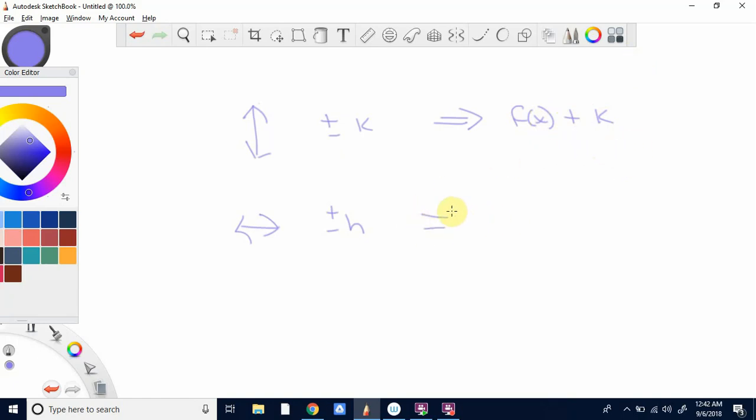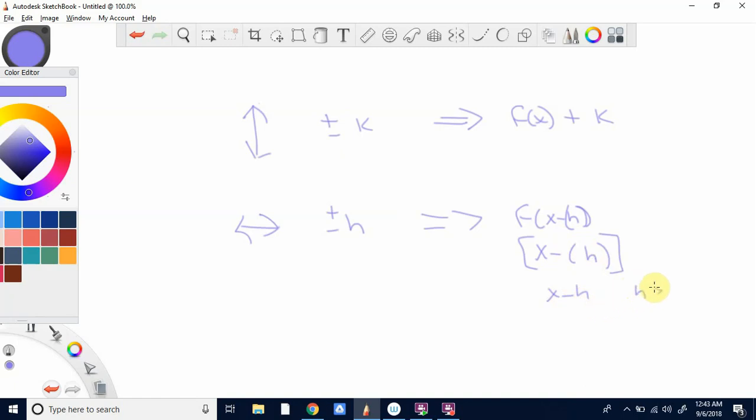Now, this right here is if you have f and inside the function x minus h. Okay, so remember it's x minus h. If h is positive, it'll say x minus h.